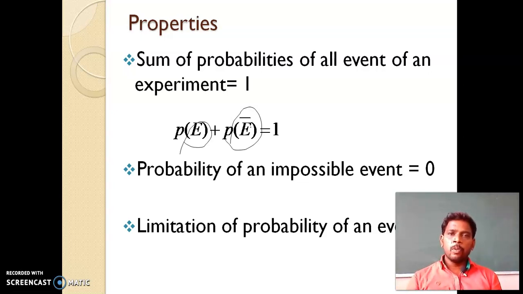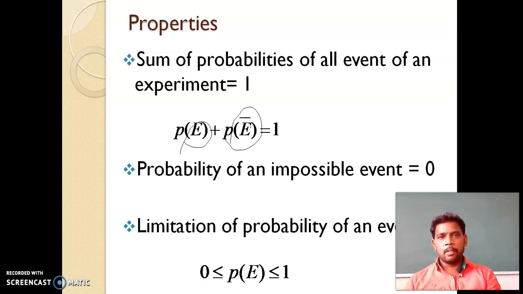Okay, so we can define the statement like this also: the probability of an impossible event is 0, and one more statement also there: the probability of a sure event is maximum 1. Okay, maximum 1. So these are the important properties on probabilities.